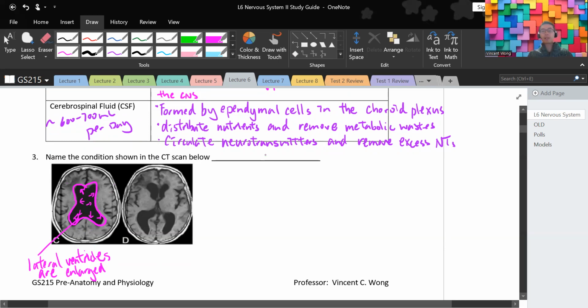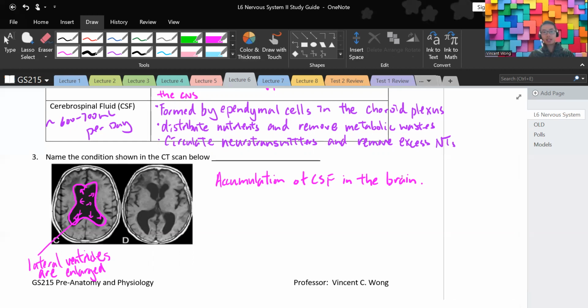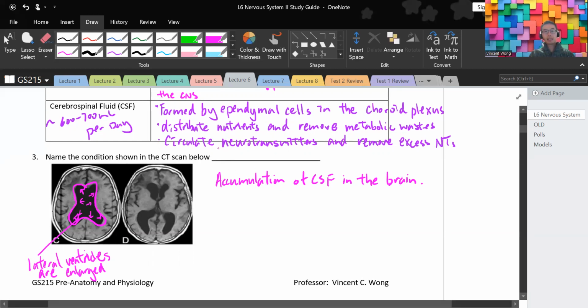Okay, so usually that happens when you have an accumulation of CSF in the brain. And that could be caused by something blocking the flow of CSF, the drainage of CSF. And that creates a condition called hydrocephalus.